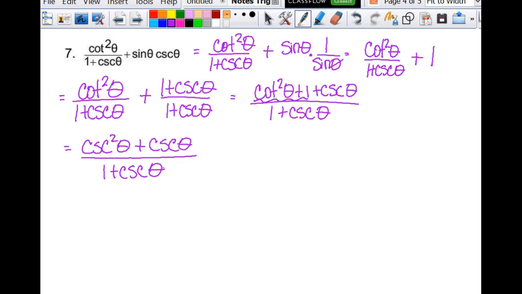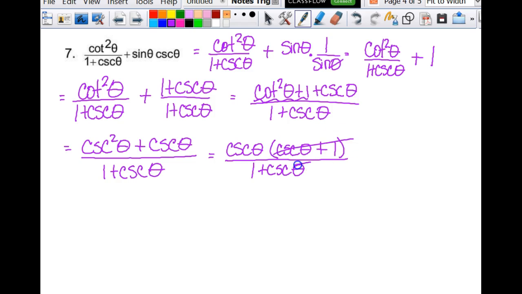Good. In the numerator, what if I factored out a cosecant theta? So if in the numerator I factor out cosecant theta, that would leave me with cosecant theta plus 1 all over 1 plus cosecant theta. Then what?